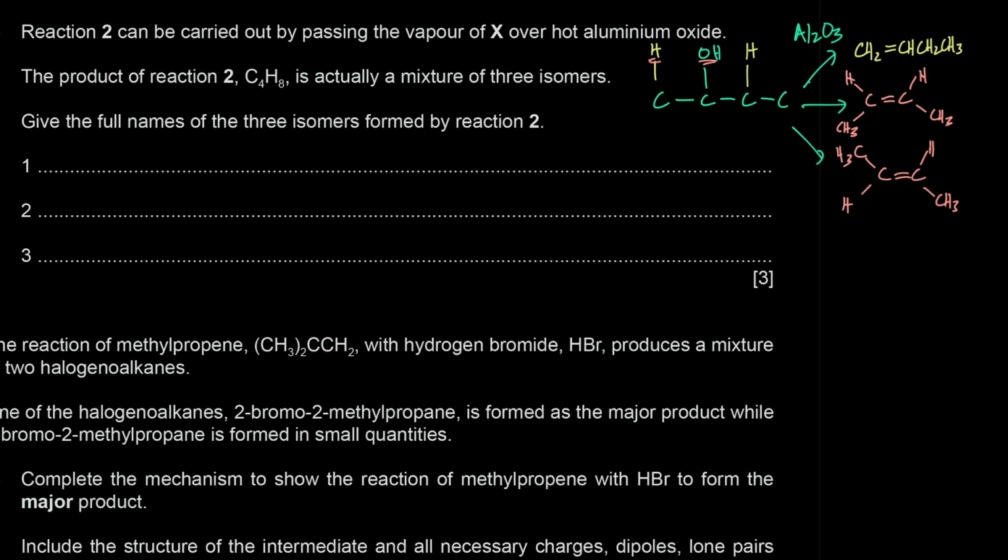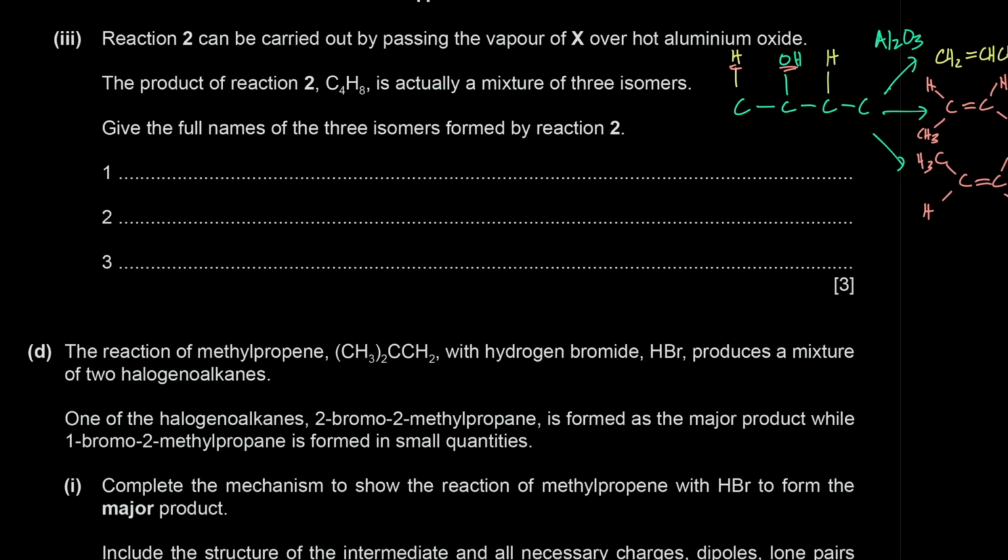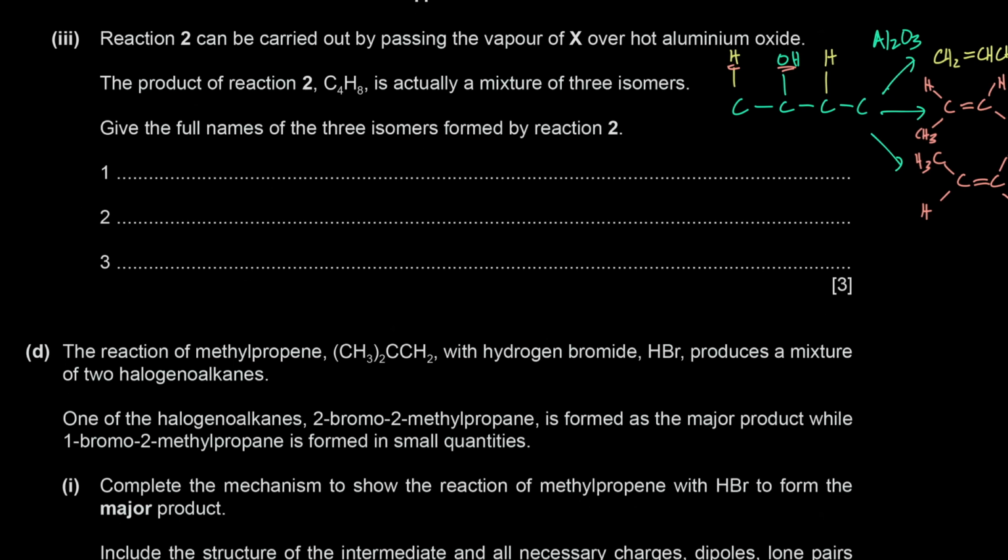So the three isomers that are produced over here are but-1-ene, cis but-2-ene, and trans but-2-ene. Again, they both have the same structural formula, CH3, CH double bond, CH, CH3.